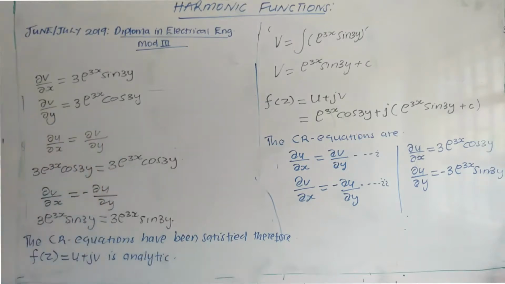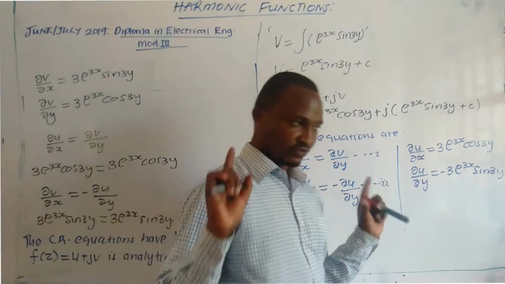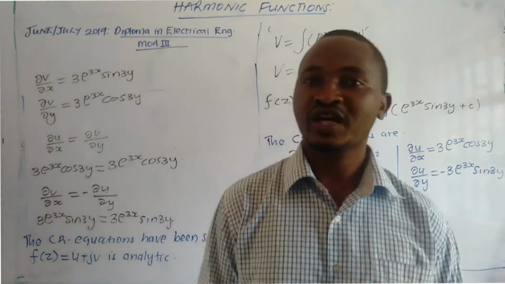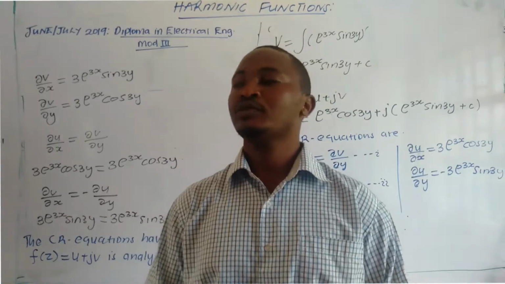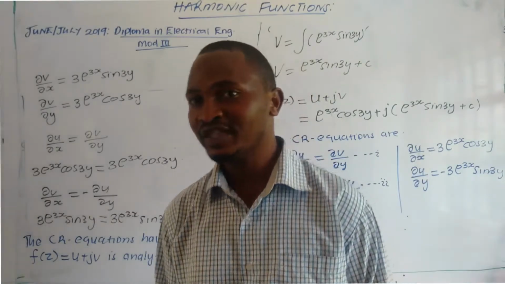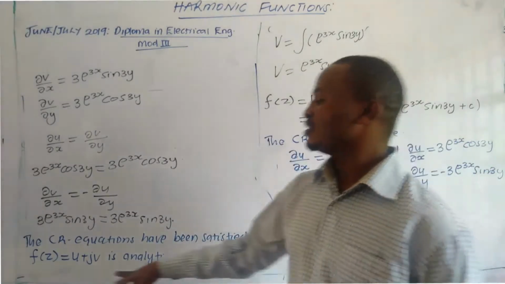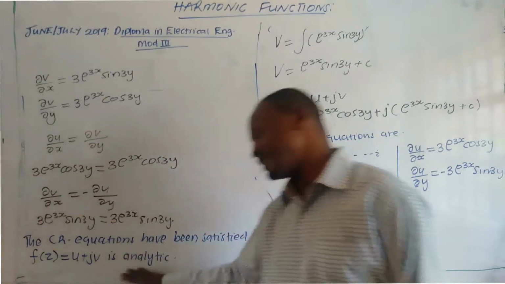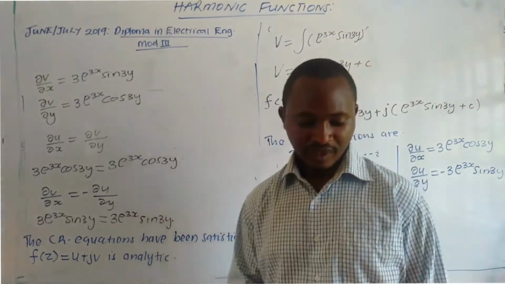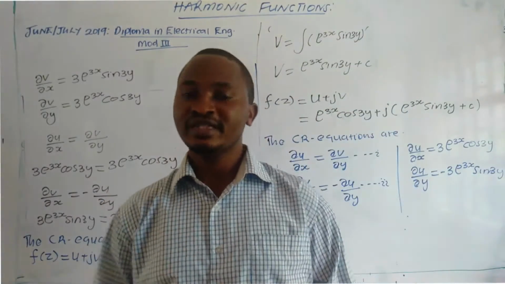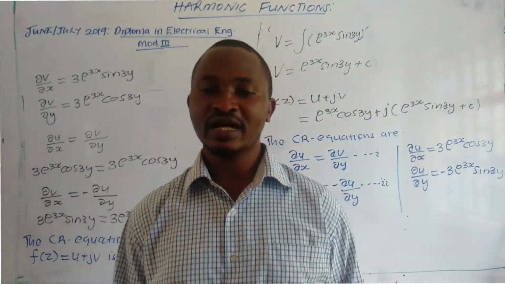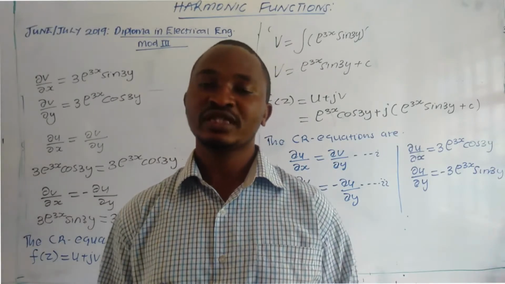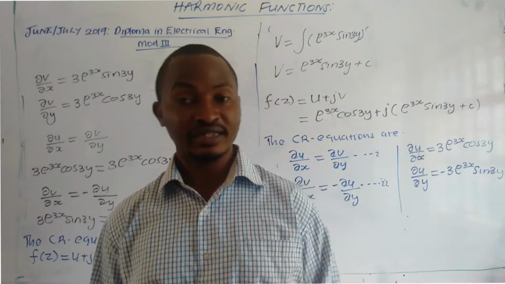So first of all, you have been able to show that u is a harmonic function, and secondly, after getting v, we have been able to show that the whole function of complex variable equal to u plus jv is analytic. You can see how quickly it is to get the 10 marks, and that's why I've always insisted that you should always take this topic very seriously.